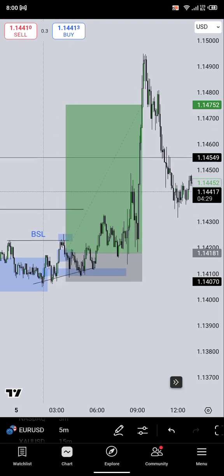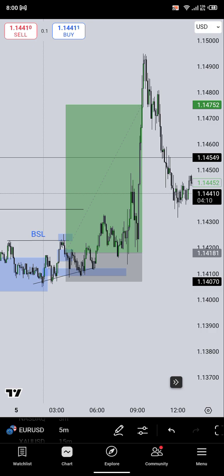So this was how we caught this trade on EURUSD. Now the truth is that in trading, simplicity matters. If you try to overcomplicate things, you will cause a lot of trouble for yourself.